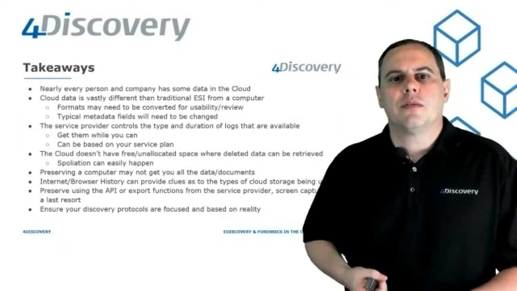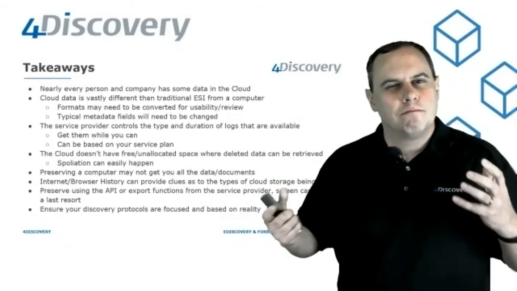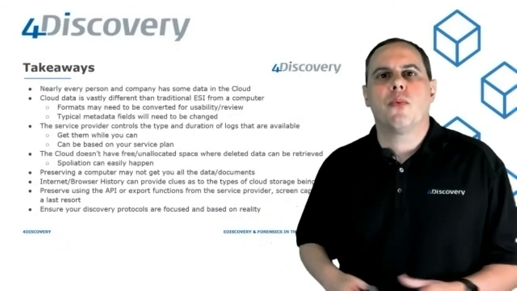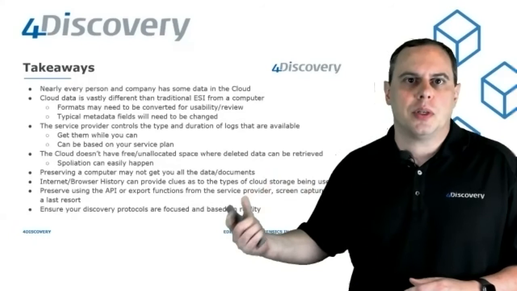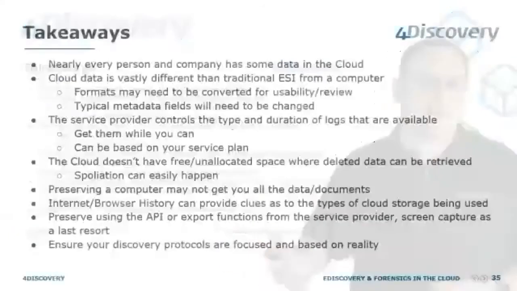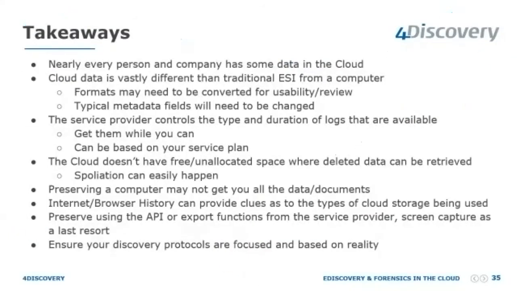You're going to have to convert them, put them in some format that's going to make them usable, that you can produce, and review, search, and redact. All of the metadata that you're used to, last accessed, last printed, all of that's different in the cloud, including revision history. So you can ask for documents as they existed at a specific date and time.